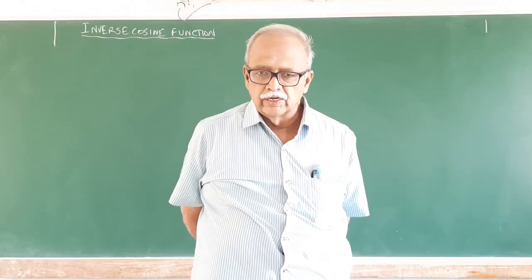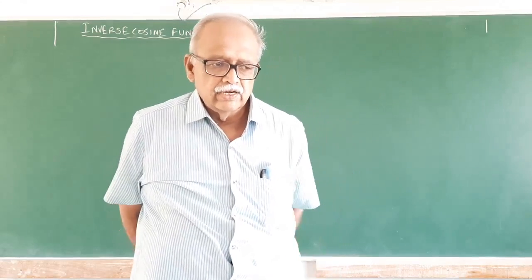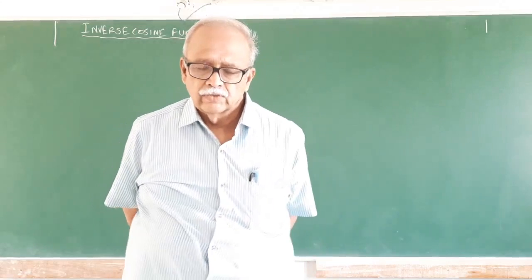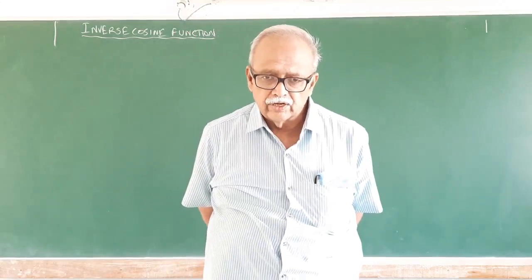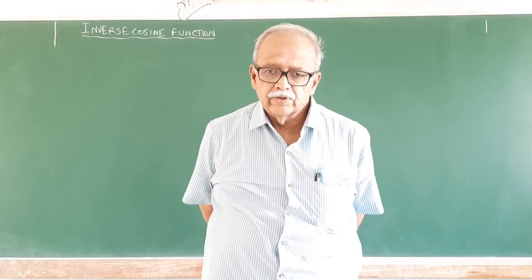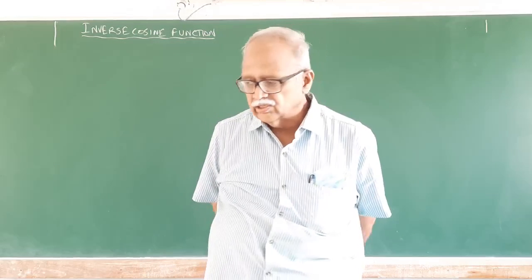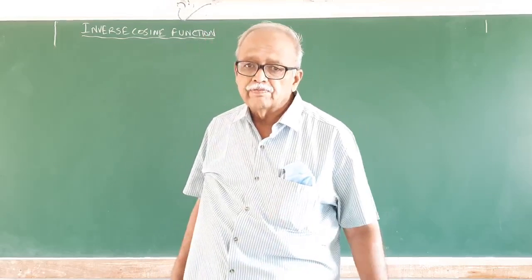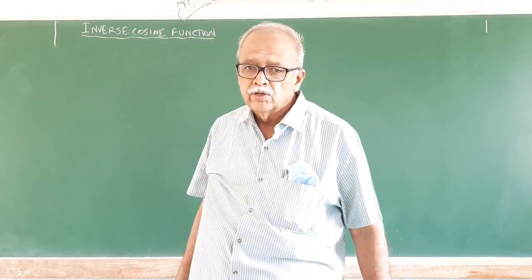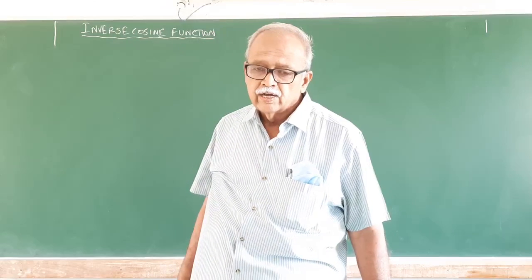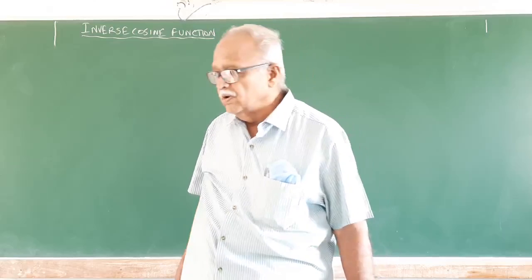That is called a bijective function. Whether the cos x function is bijective at what intervals? For that we will draw the graph. We will be immediately able to fix the intervals where the cosine function behaves as a bijective function.